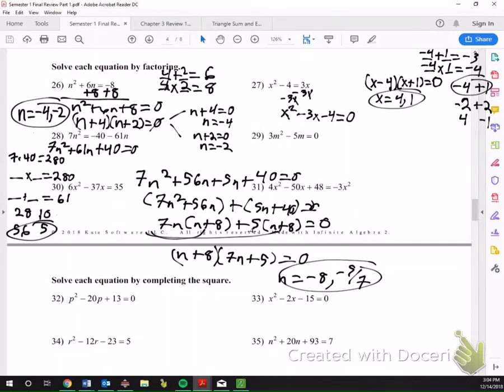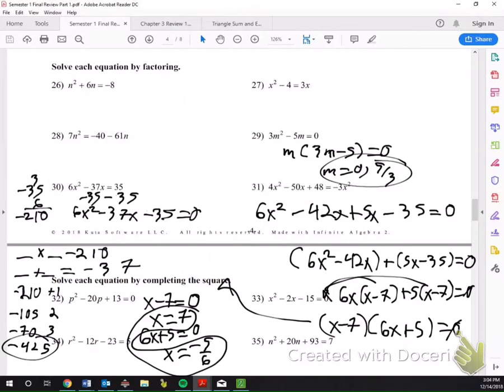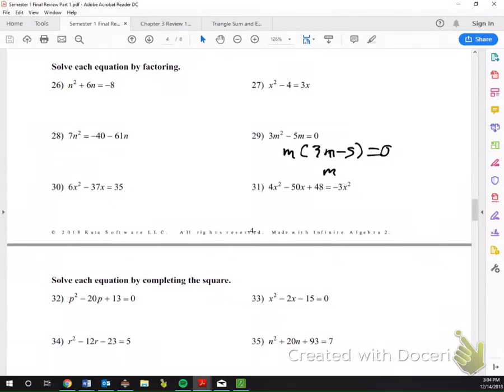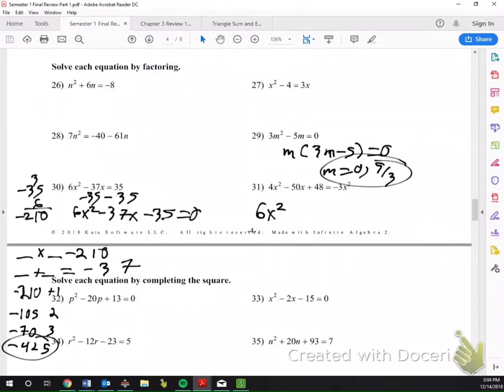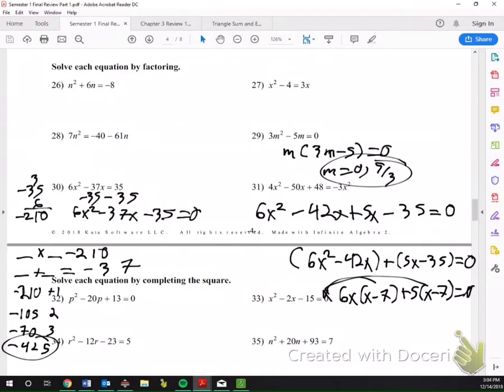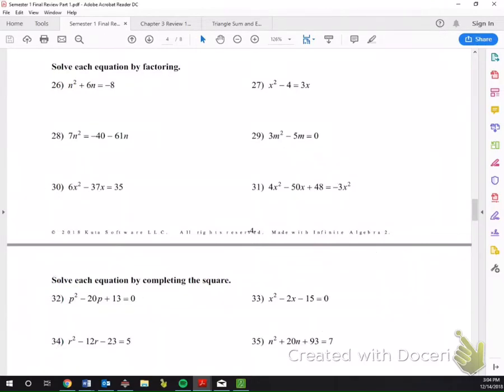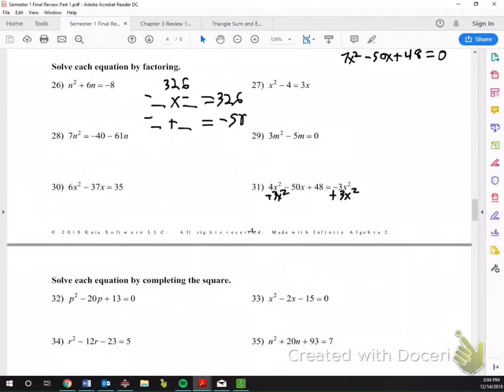That is what number 28 would look like. This is 29. This is 30. 31.